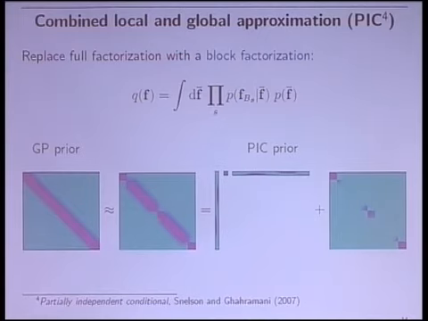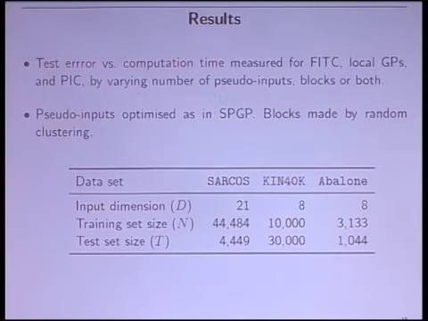But it also has an underlying low rank component to it, given by the pseudo inputs as before. I won't go into the details of how you calculate the predictive distribution for this approximation and the costs, but it's essentially very comparable.